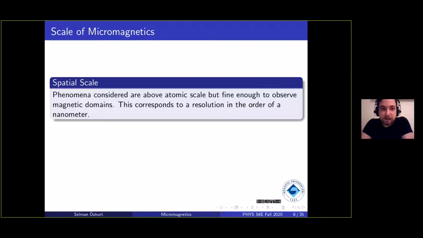So we keep defining the micromagnetic scope and scale. Spatially, it works at about 1 nanometer scale, because the device is built and the phenomena observed, like the formation of magnetic domains in a ferromagnet as the simplest example, have features slightly larger than this order of magnitude in size.